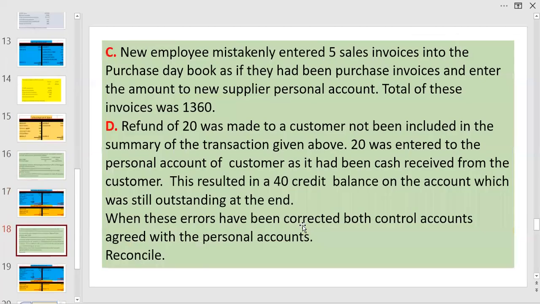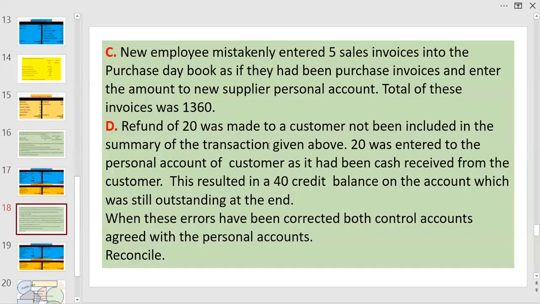The next question: a new employee mistakenly entered 5 sales invoices into the purchase day book as if they had been purchase invoices, and entered the amounts in the new supplier's personal account too. Total of these invoices were 1,360. Two things have taken place.